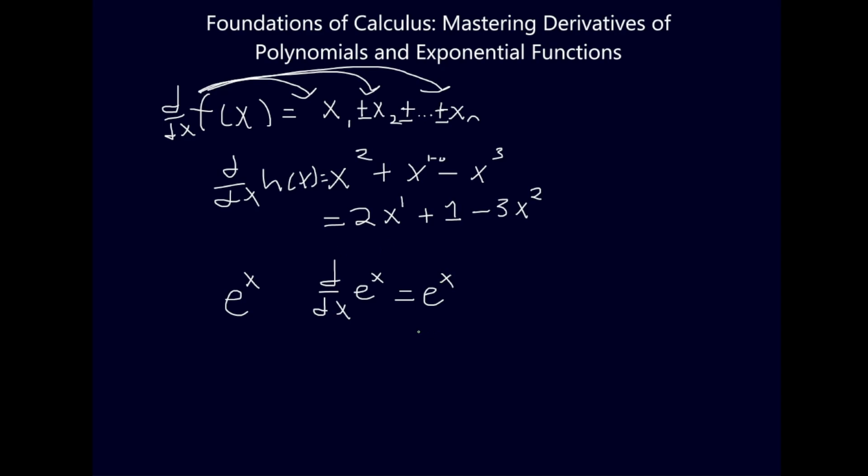It is not x e to the x minus 1, as it was before. This is a very special function, as it is the natural exponential base, and it does not follow the power rule.